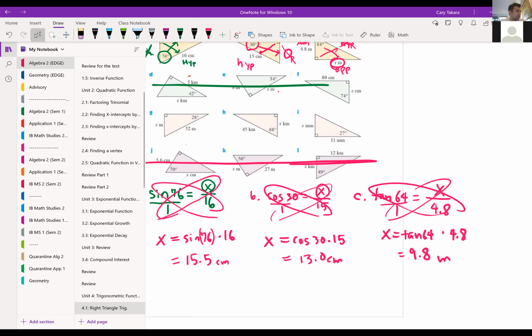Has anybody done that already? Okay, all right, that's good. No, you don't need to erase that or do any more. I'm just looking for the ones that have an x in the denominator.